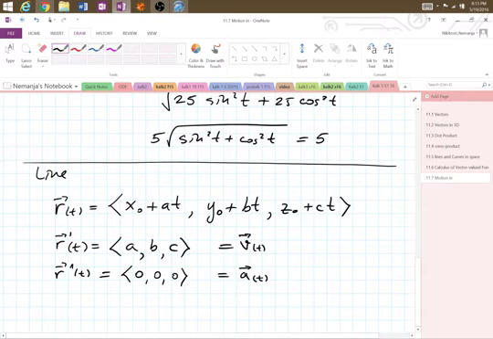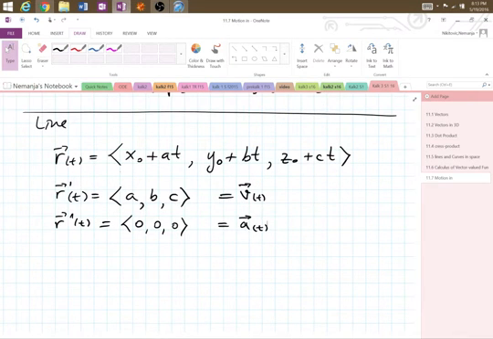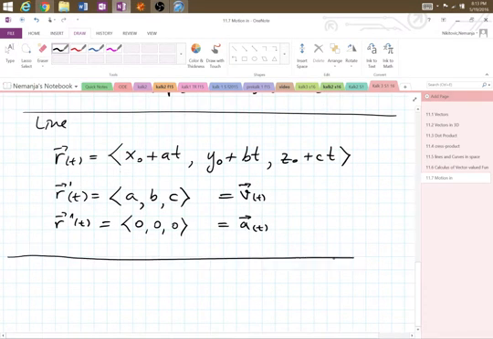And this is what we have for our straight line motion. So acceleration is 0, and we have the vector a, b, c. Remember that was the one that was like a slope, right?